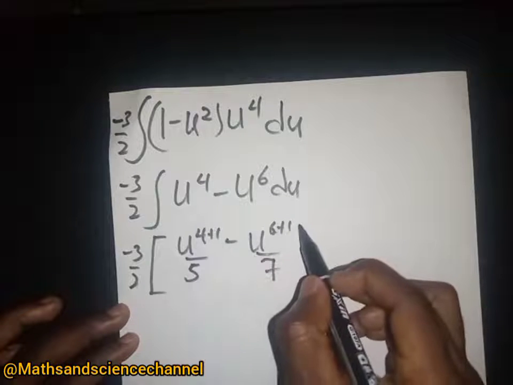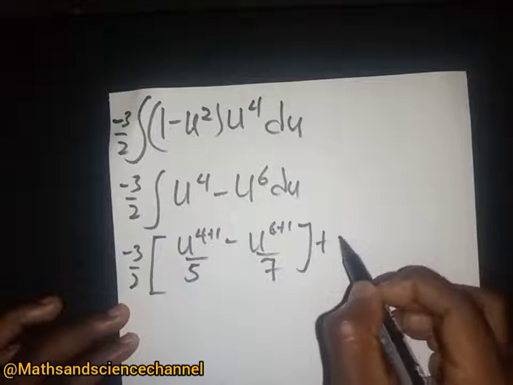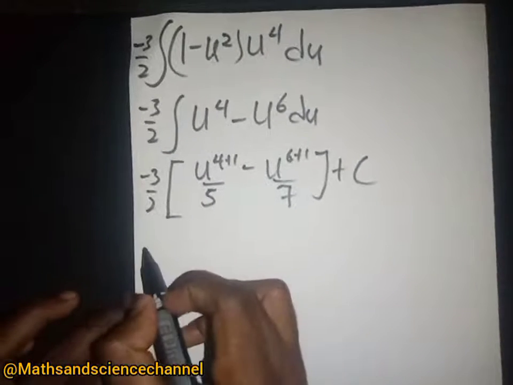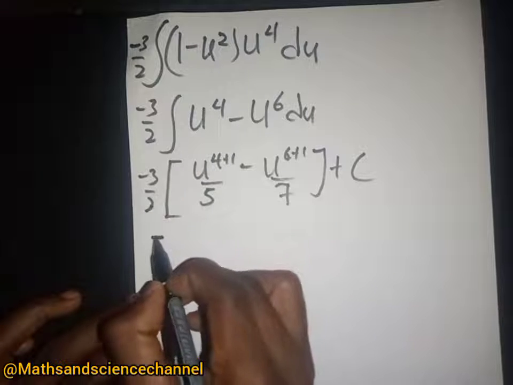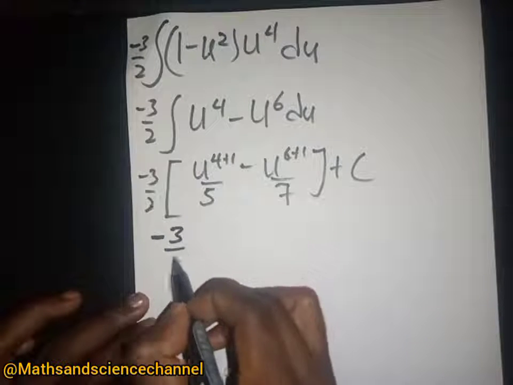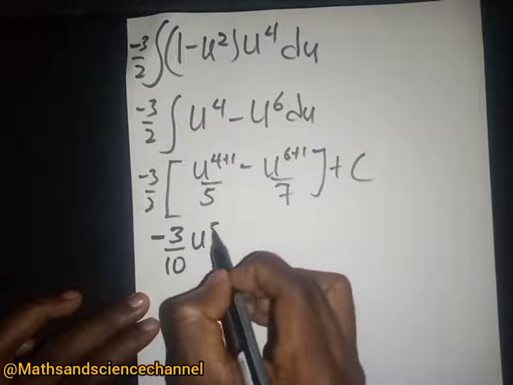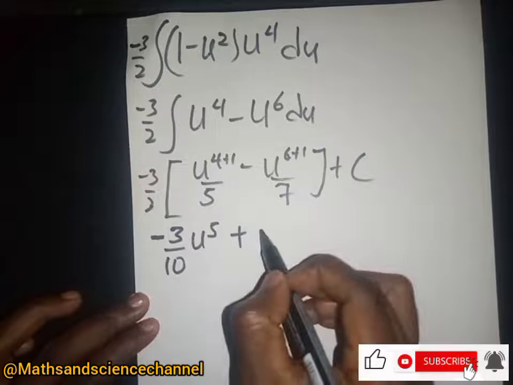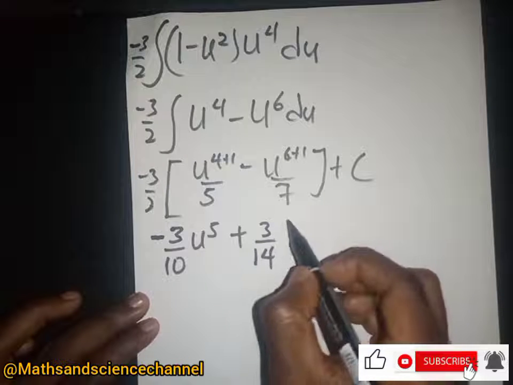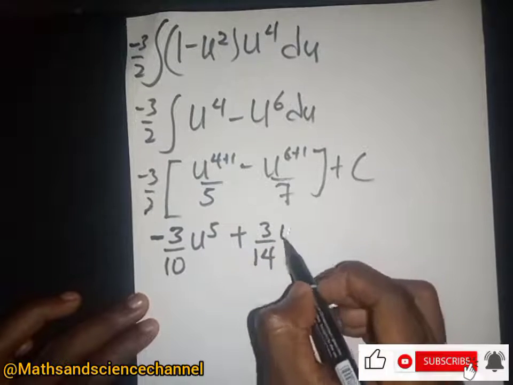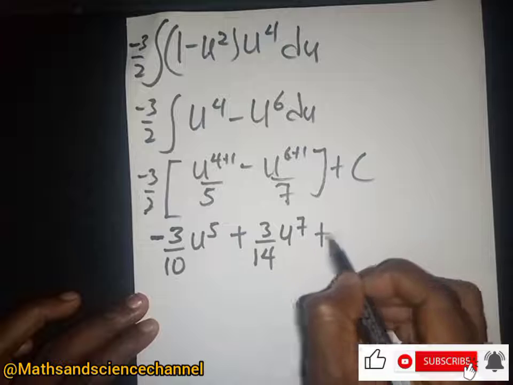Since this is an indefinite integral, we add plus c. So multiplying through, we get 3/10 u to the power 5, plus 3/14 u to the power 7, plus c.